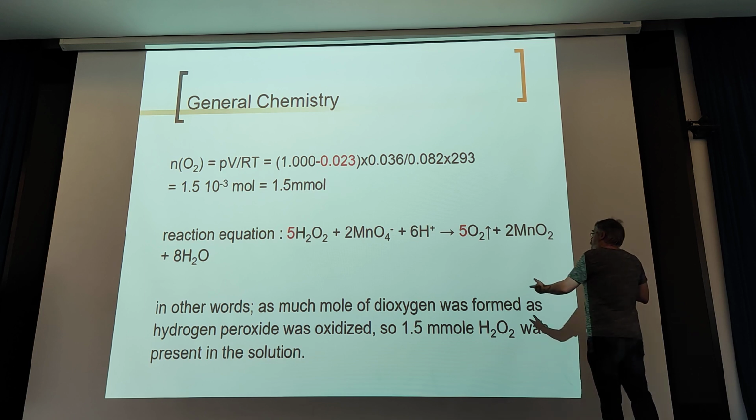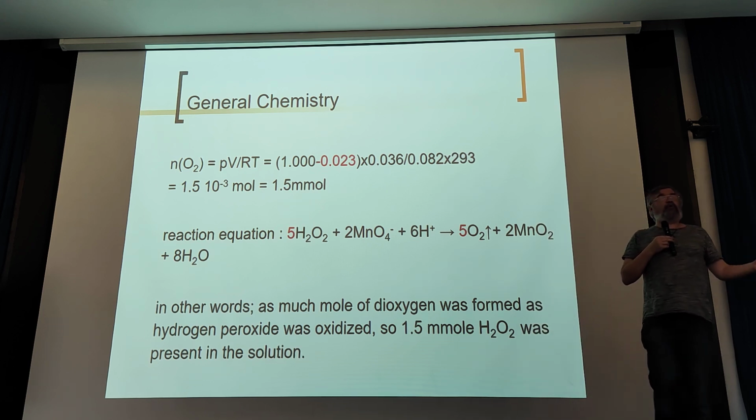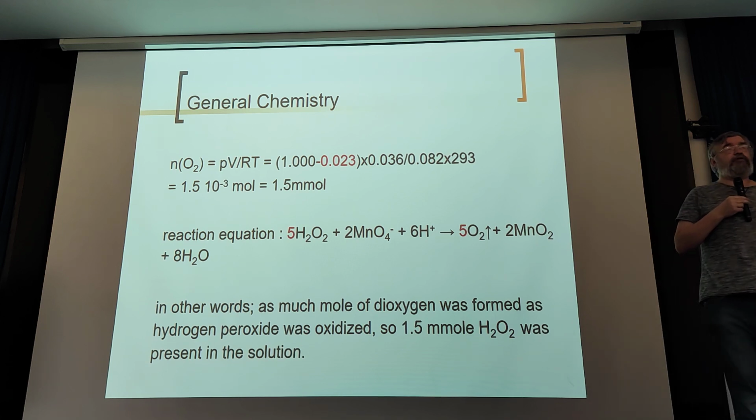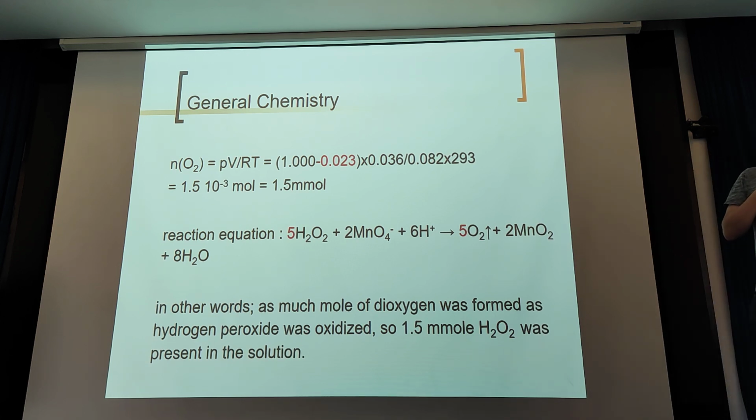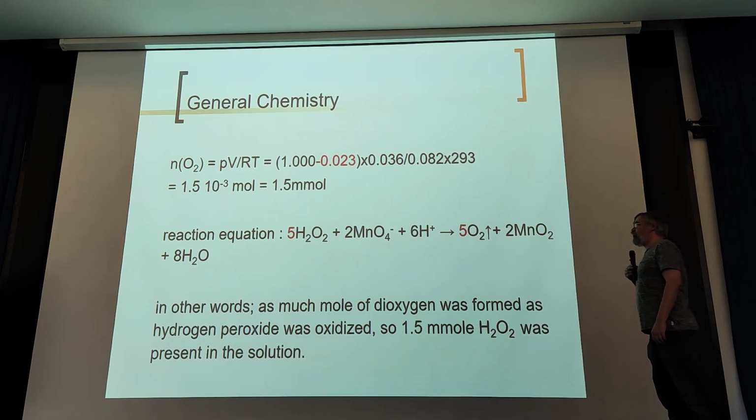And we know that the amount of dioxygen and hydrogen peroxide is equimolar. So now we have already our solution. That means it's indeed also 1.5 millimole of hydrogen peroxide that was needed in the beginning of the solution.